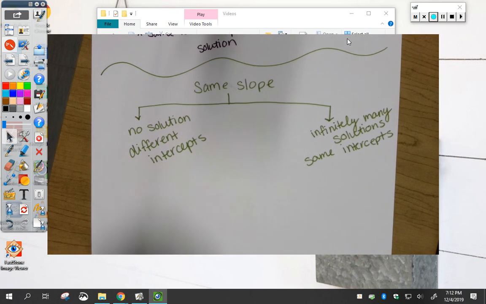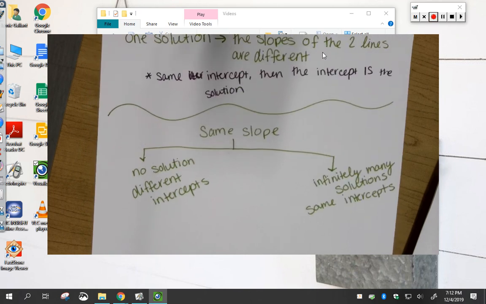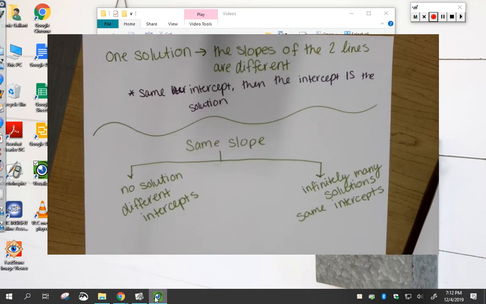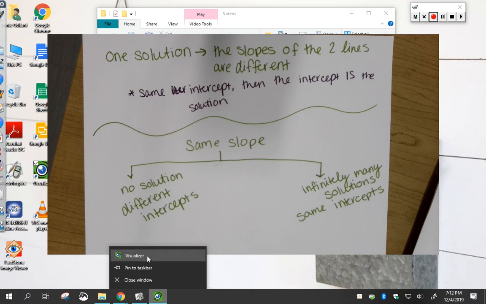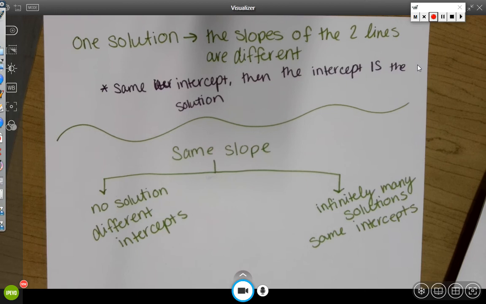Actually, we'll come back to this question in a minute. So, let me zoom in on this. Okay, it's not acting right today. There we go. All right.